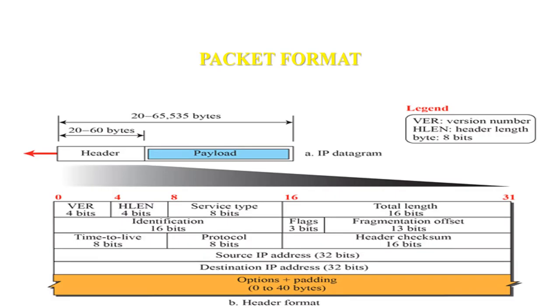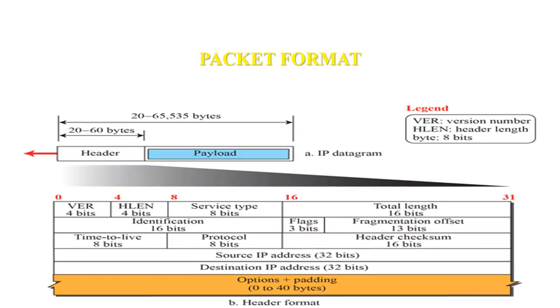The next layer is time to live, TTL, which is of 8 bits, followed by protocol, which is of 8 bits, and header checksum, which is of 16 bits. Next is the source IP address of 32 bits, followed by the destination IP address of 32 bits, which is then followed by the options, which are of 0 to 40 bytes, which gives you the IPv4 packet format.